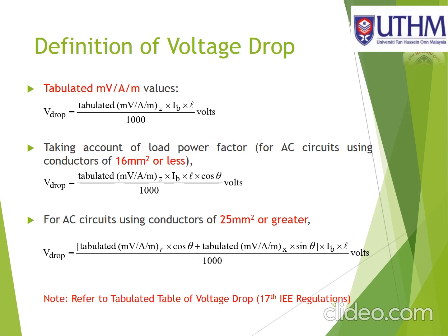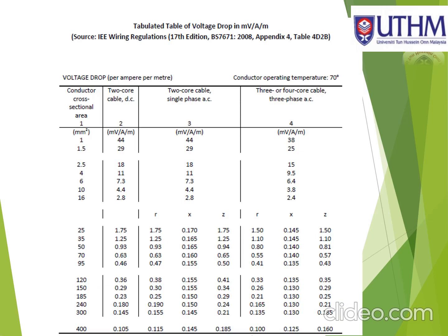For the tabulated values, we have to refer to the tabulated table of voltage drop in the 17th edition IEE regulations. This is the tabulated table of voltage drop in mV/A/m.